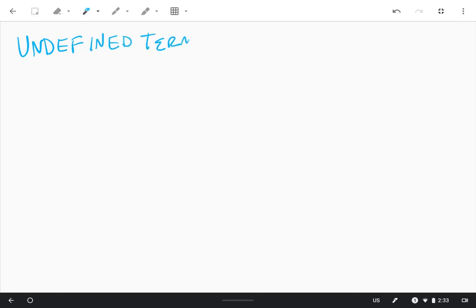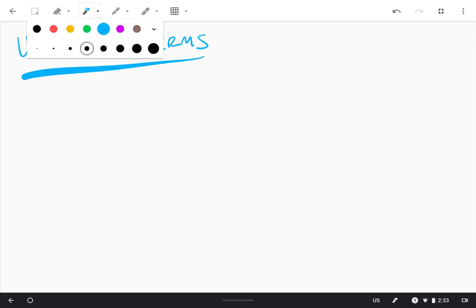So undefined terms are kind of the basic building blocks of everything that we do in geometry. So we're going to talk through each one of those and kind of talk about what they are and talk about the way that we write them, the way that we draw them, the way we talk about them, just so kind of we're all on the same page with that stuff.